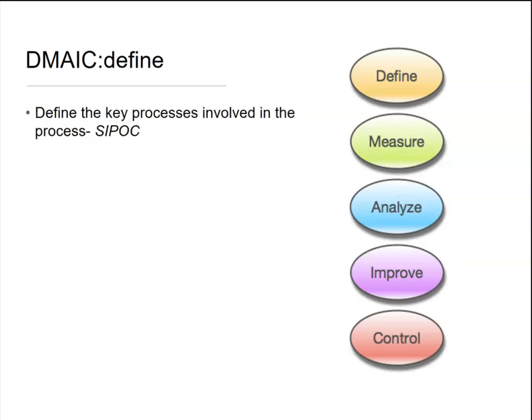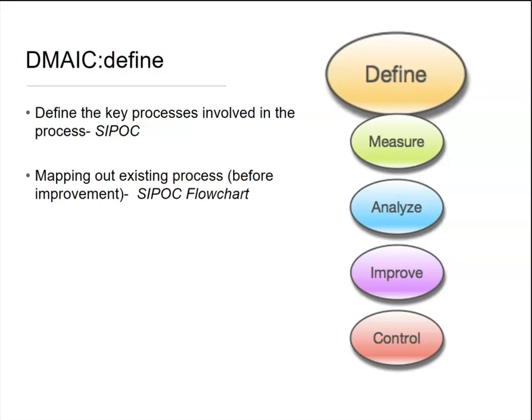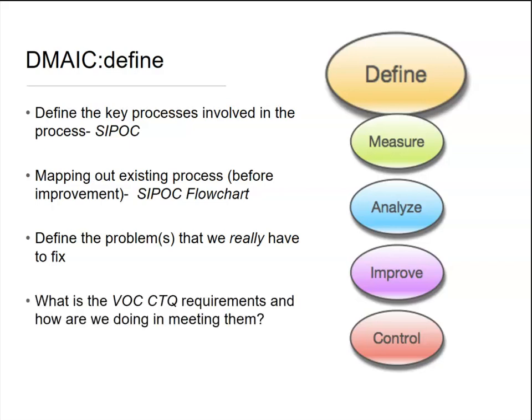So on the define, we went over the SIPOC. The SIPOC is a good way for us to define the problem. We use flow charts to map out the existing process before improvements, remember, the actual states. We define the problems that we really have to fix, which is the critical to the quality and the critical to the process.